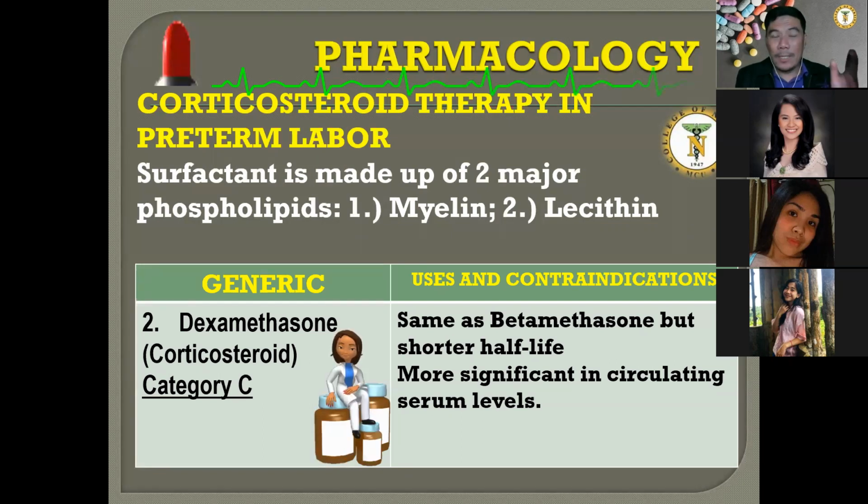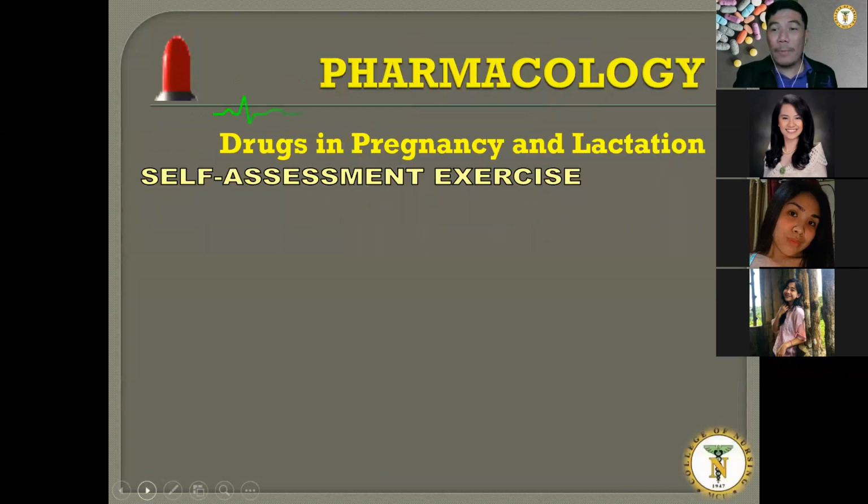Remember, steroids for pregnant mothers are considered category C, because the surfactants we are talking about stimulate the phospholipids, myelin and lecithin, which are very important for lung functioning. So let's have self-assessment exercises before we proceed with our midterm quiz 1.